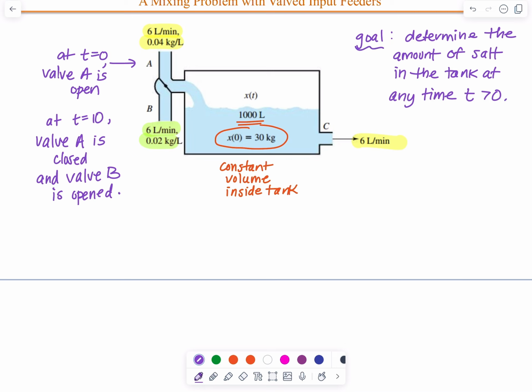Okay? As you can see here, we have x of t, and x of t is the amount of salt in kilograms in the tank at time t.